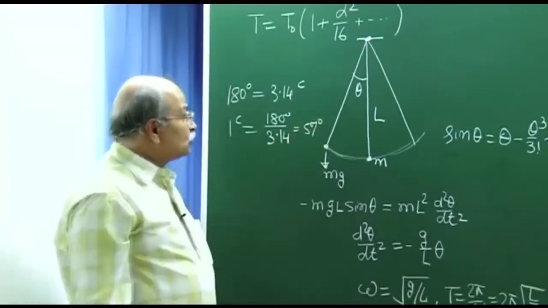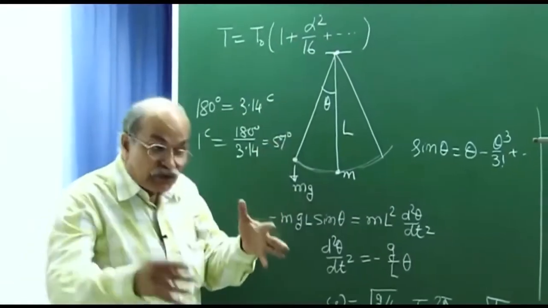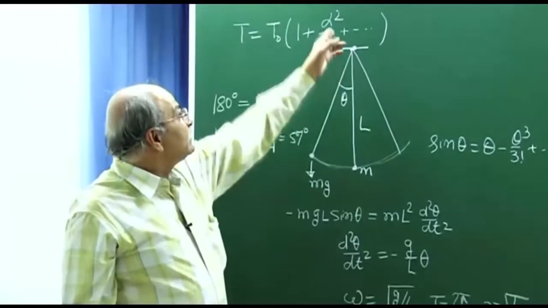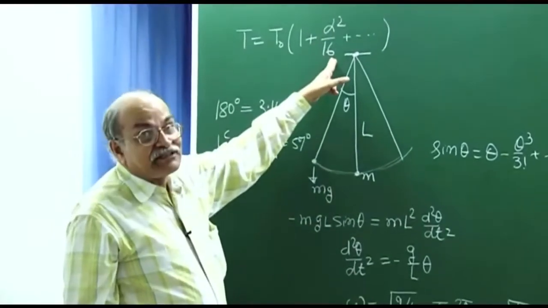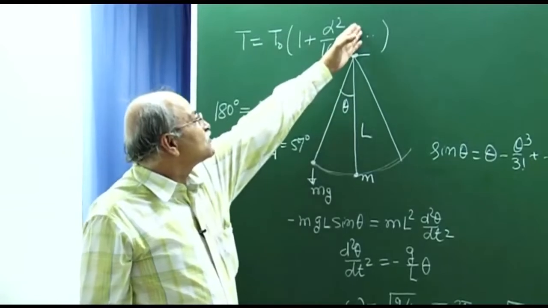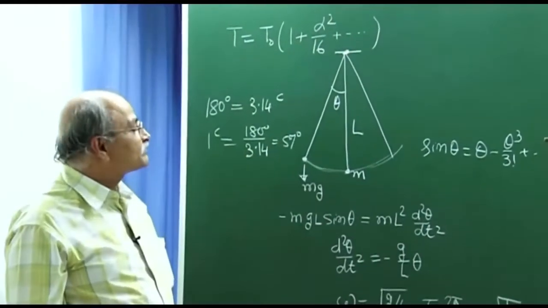So, at alpha equal to 1, it is a huge amplitude, 57 degrees, and even then this will be 1 by 16. 1 by 16 is about 6% error, and later terms will be even smaller.